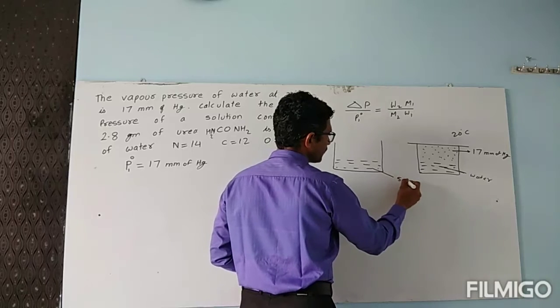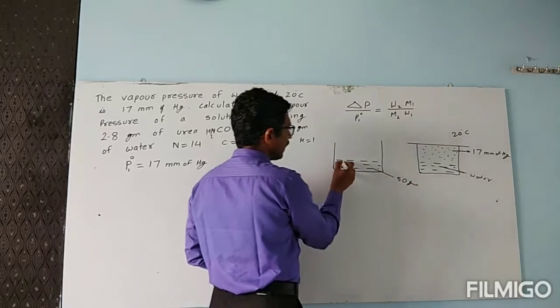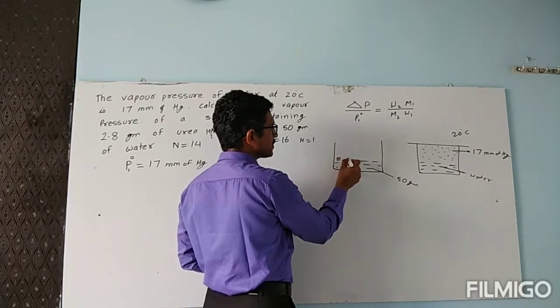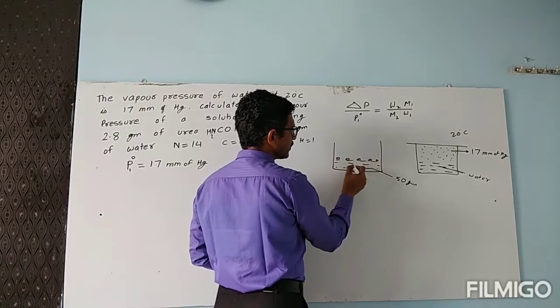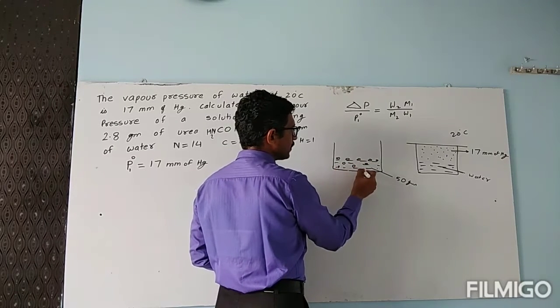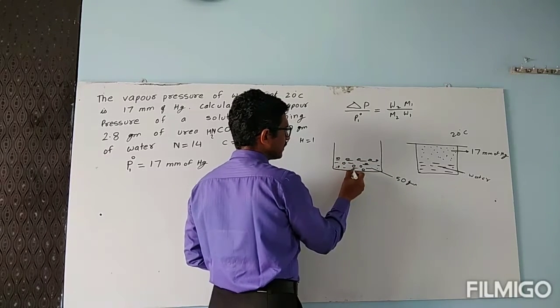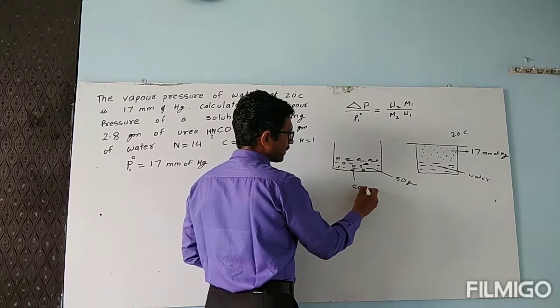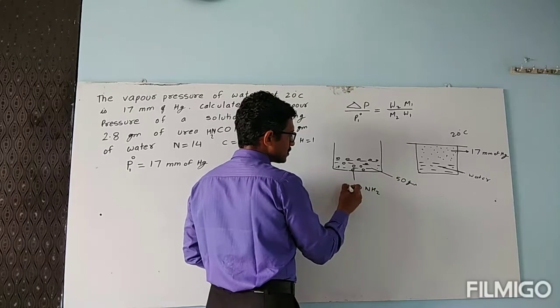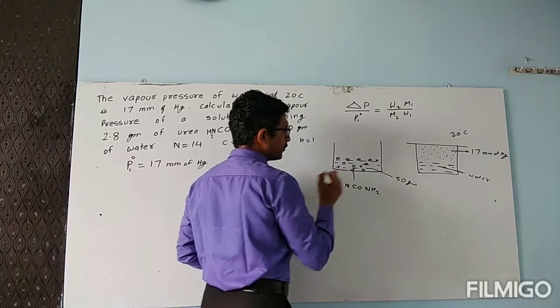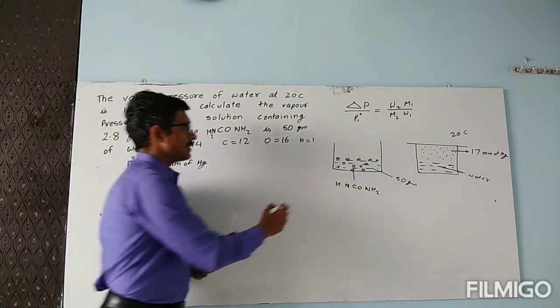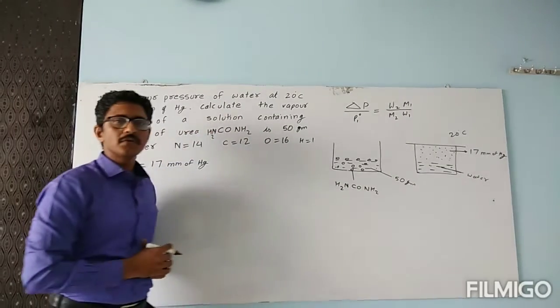How much water? 50 gram. And water is not present alone. It is having some solute particles. What are these solute particles? Urea. These solute particles are of urea.